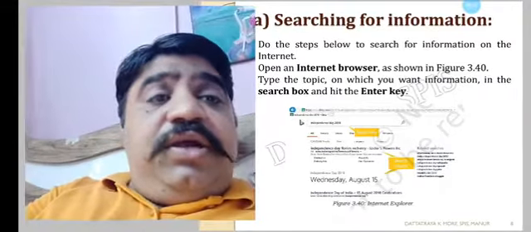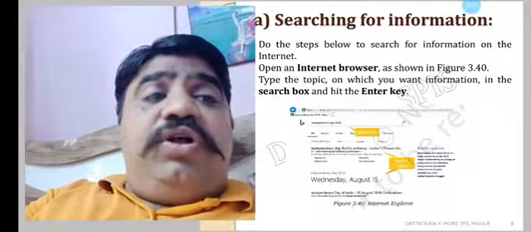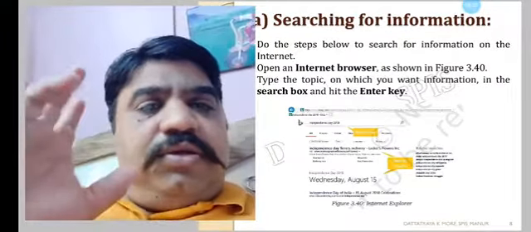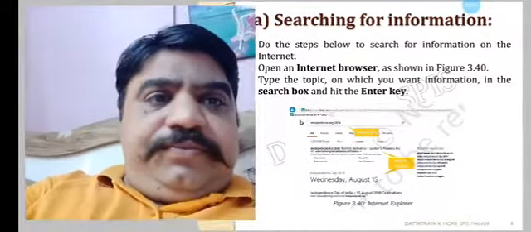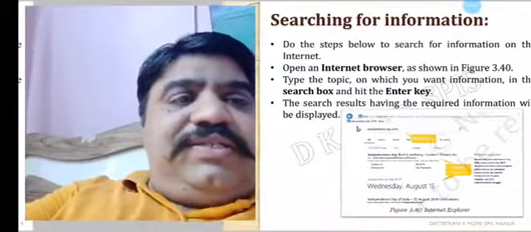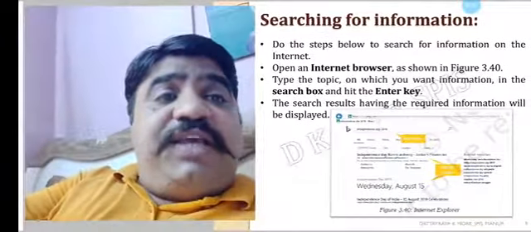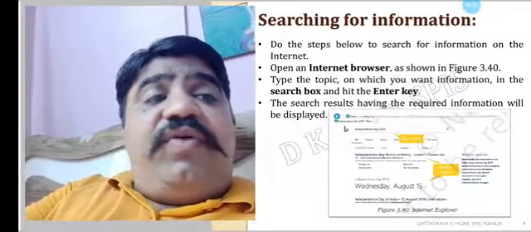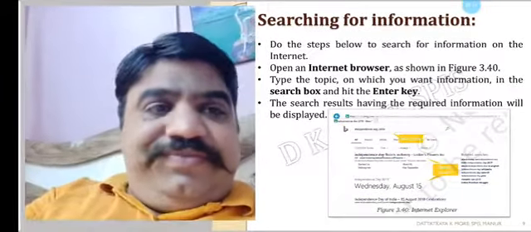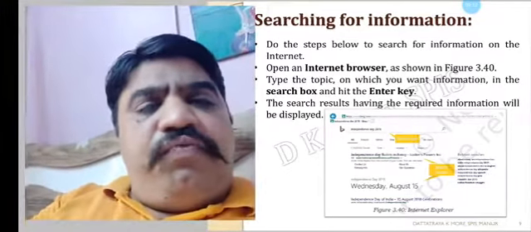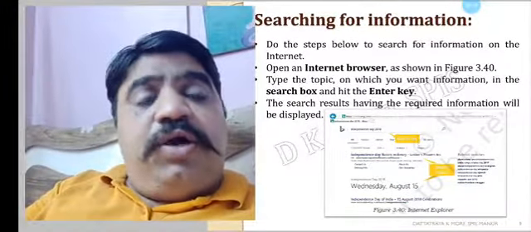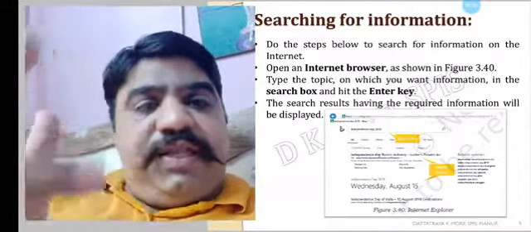Type the topic on which you want information in the search box and hit the enter key, or click on the OK button or search button. So you will start to search the information. In this way, search results having the required information will be displayed. The information means a number of websites will be displayed. Whichever is suitable to your work, you can click on that and get the information from there.